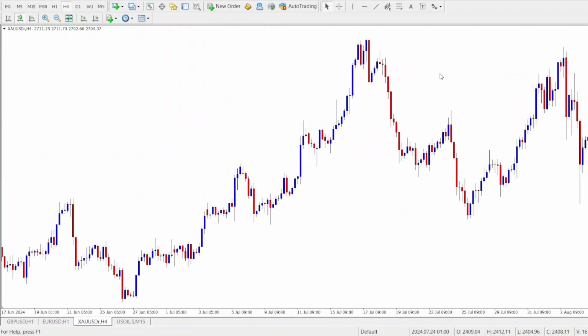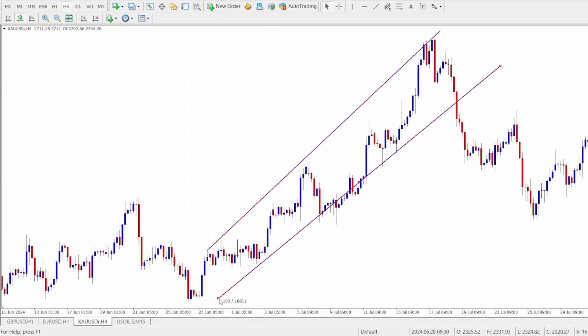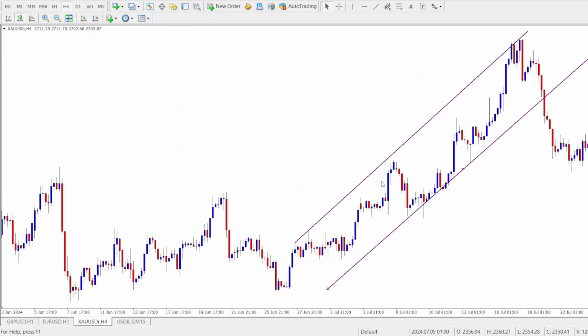A bullish channel is a channel in which the price consistently makes higher highs and higher lows. Now we have a channel here, although sometimes these channels might not be perfectly smooth or perfectly parallel, because there could be situations of false breakouts.